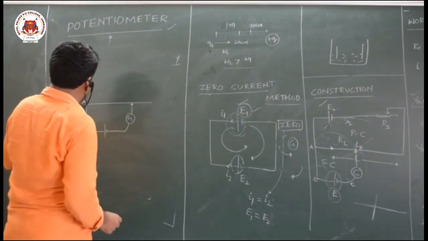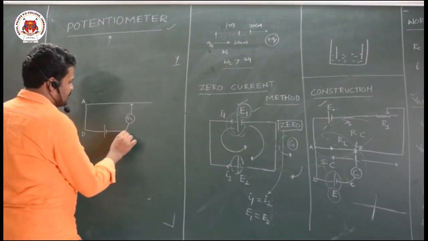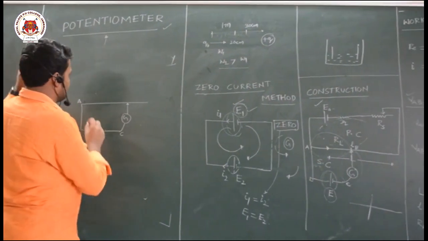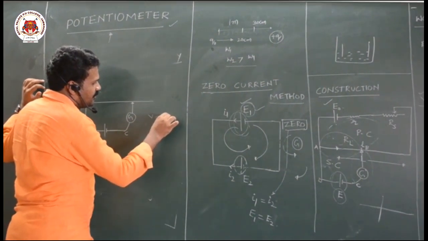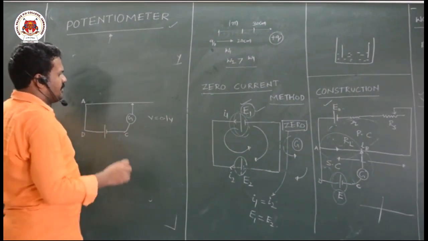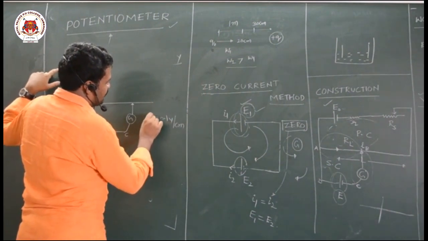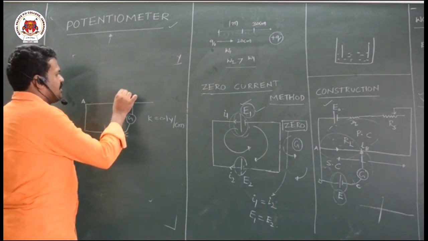Now let us take this point as D, this point as C. Before balancing length, let us take the potential gradient K as 0.1 volt per centimeter. Let us take it as having 100 centimeters.